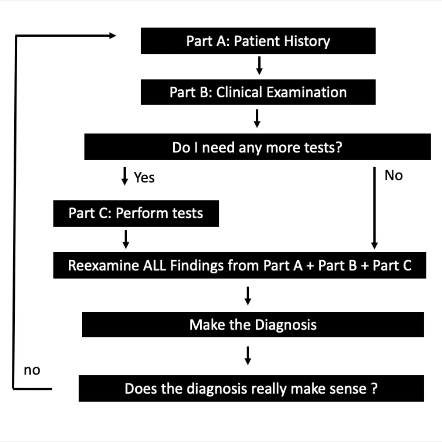But whether other tests need to be ordered really comes down to understanding the history, part A, and understanding the findings that were discovered on the examination, part B. And so there are 40, 50, 60 tests that are available, but generally speaking, we don't order all of those tests. We only order a very small proportion of tests.